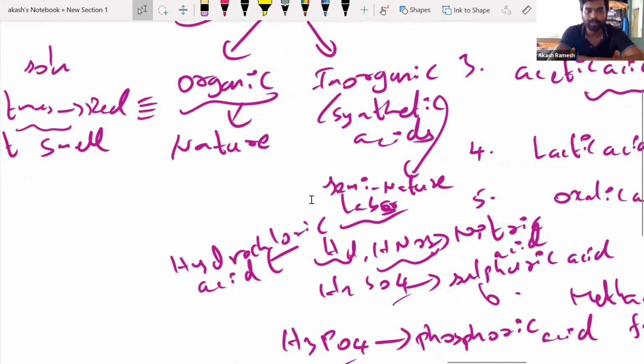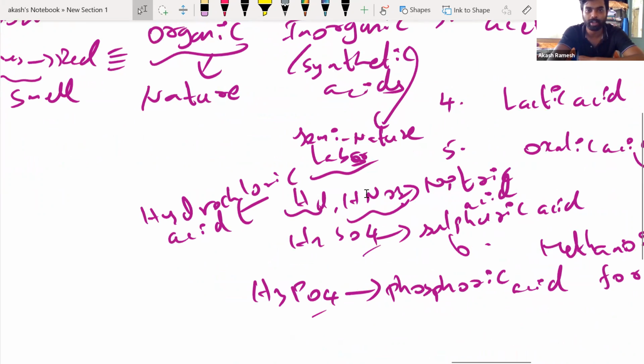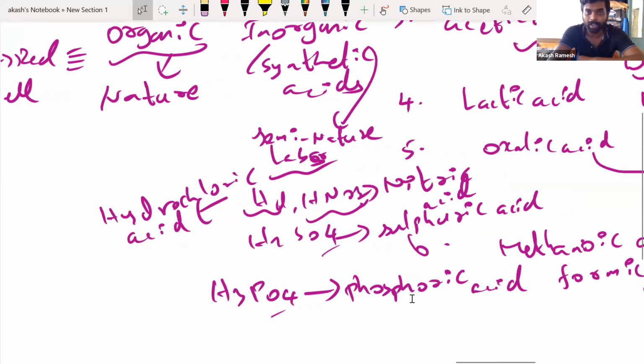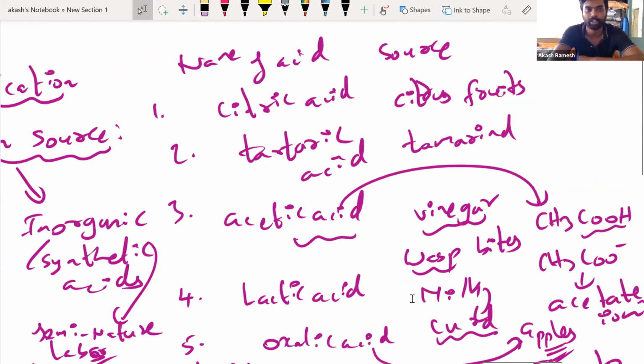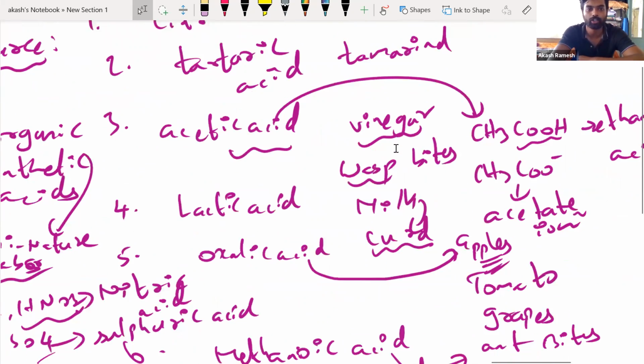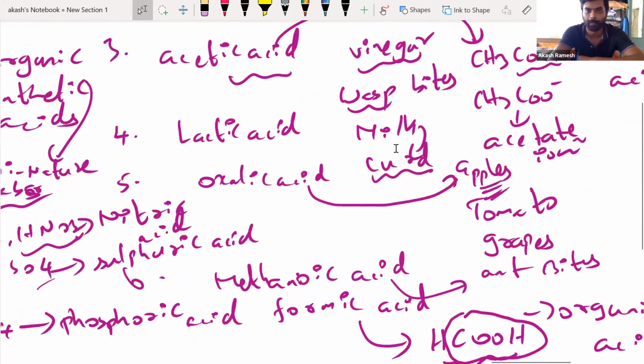You have to know the names of the acids: HCl is hydrochloric acid, HNO3 is nitric acid, H2SO4 is sulfuric acid, H3PO4 is phosphoric acid. Then we had a list of organic acids, where citric acid is from citrus fruits, tartaric acid from tamarind, and so on.